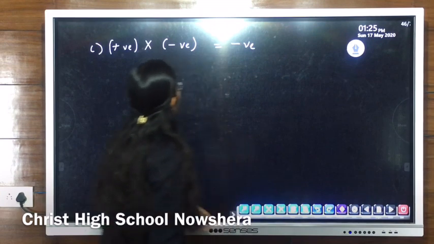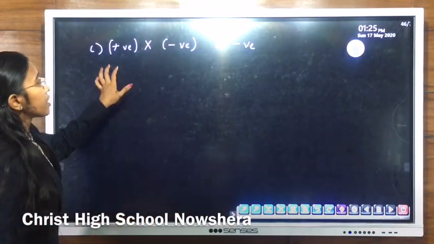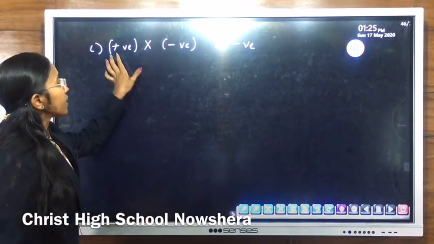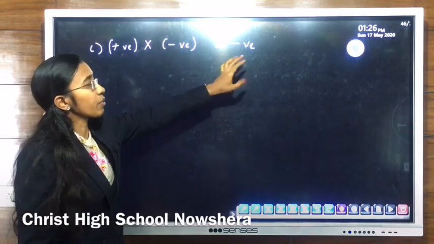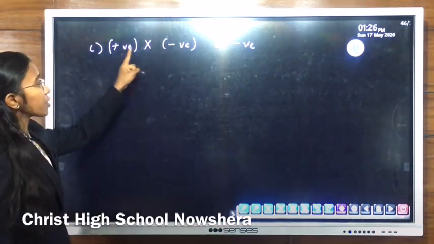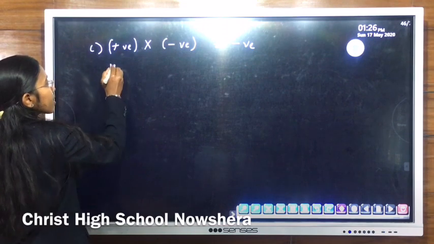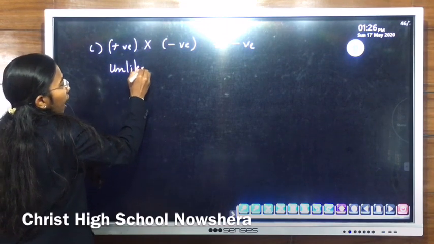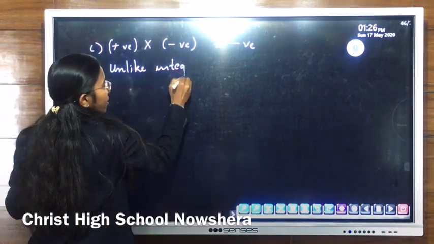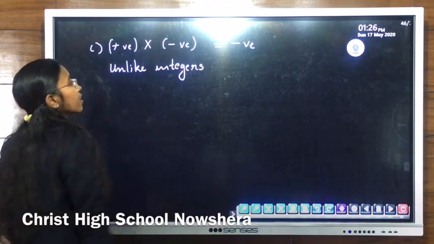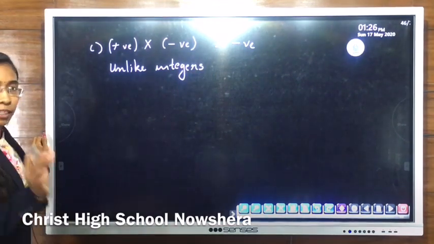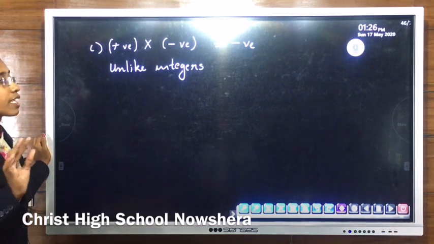And third one. Positive integer multiplied by negative integer is always negative. One is positive and one is negative, which means these are unlike integers. In the case of unlike integers, multiply the numbers and always put a negative sign.